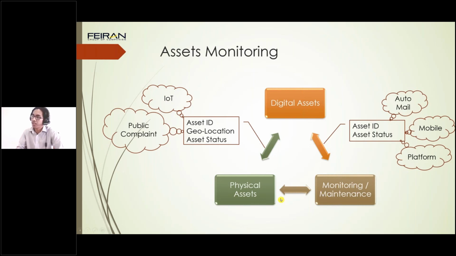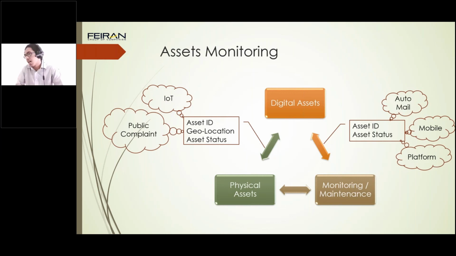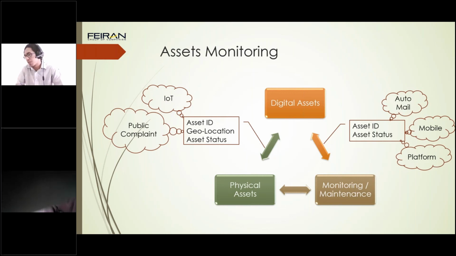Lastly, the relationship between monitoring, maintenance, and physical assets is that by nature it still requires some physical work. We have yet to have any smart physical asset whereby, for example, if the bulb of a street lamp is broken, there is an autonomous bulb replacement system. So we still need to have that physical work done.